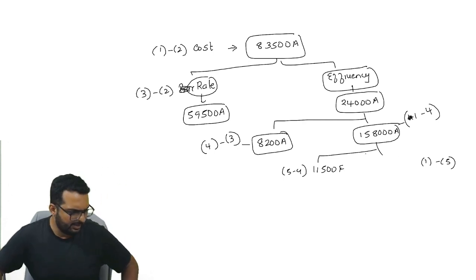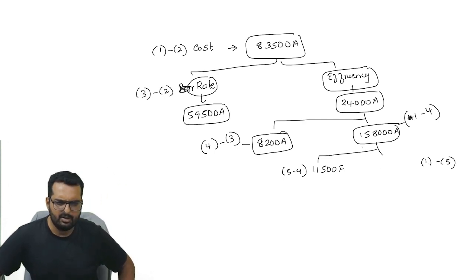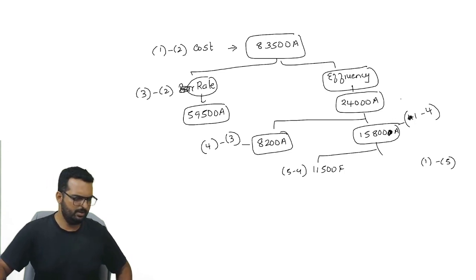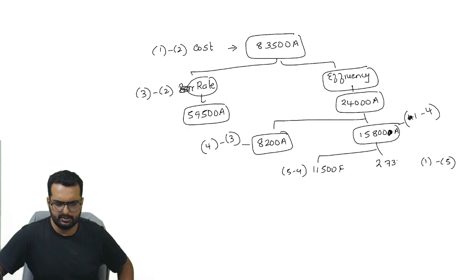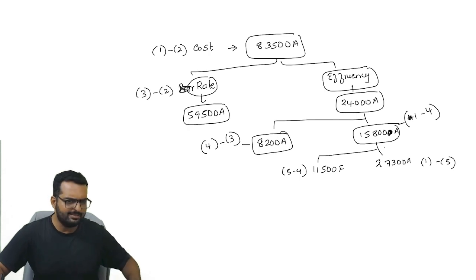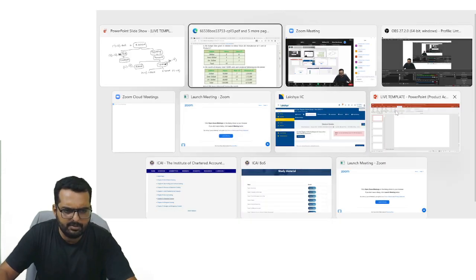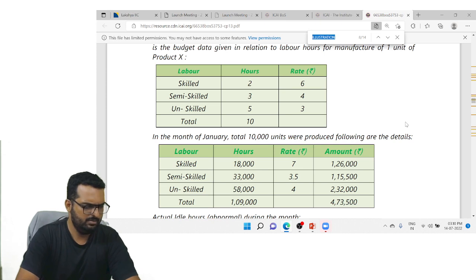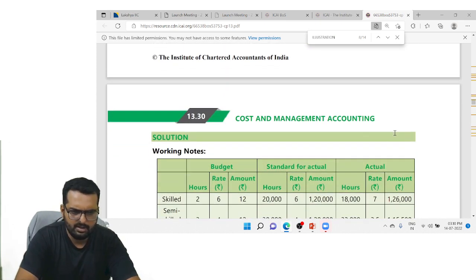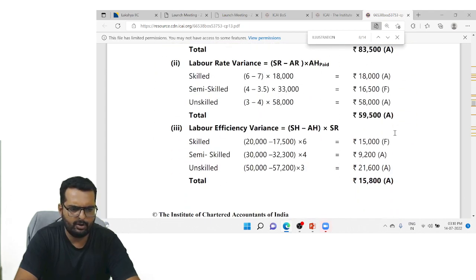Is it 1,69,000? I think some mistake. It's 15,800 over here, right? So 27,300 adverse. Does this answer tally with your study material answer, friends? Just double check. Yes, I think this is the best way of taking it forward.